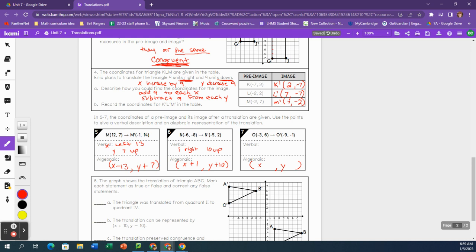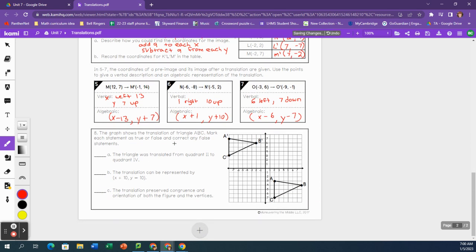And the last one, negative 3 to negative 9, that's going to be 6 to the left. Think of a number line. And then 6 to negative 1, we're going down, will be 7 down. So that's going to be a minus 6, minus 7.